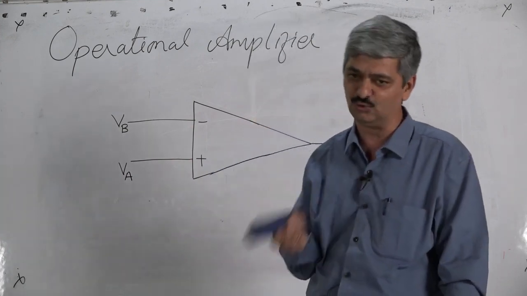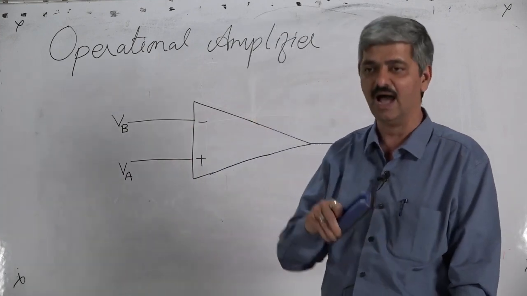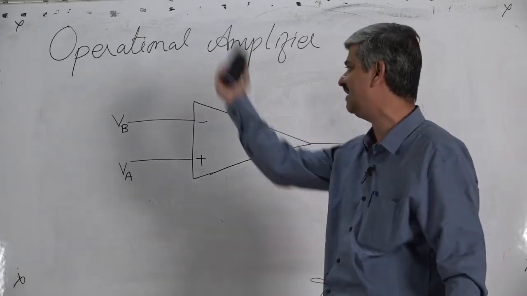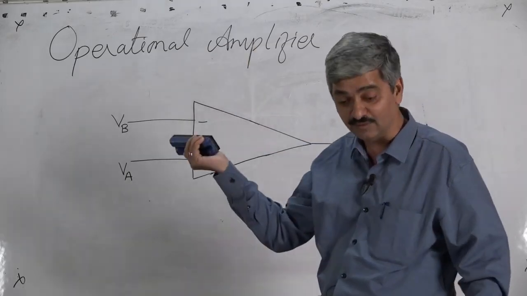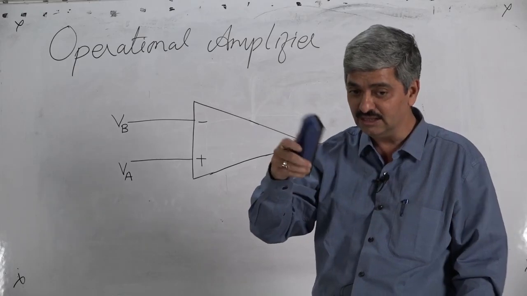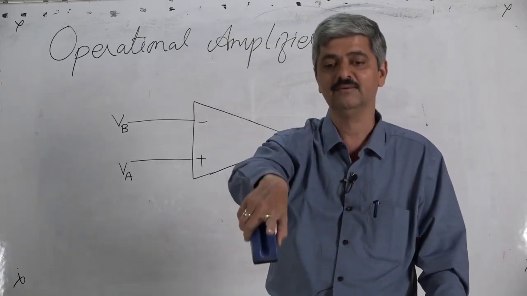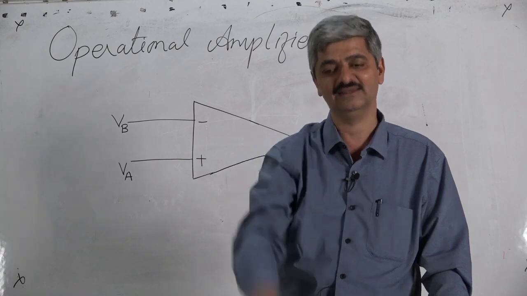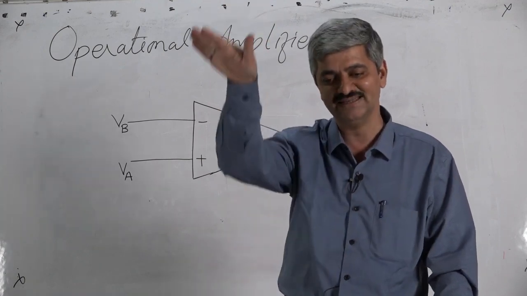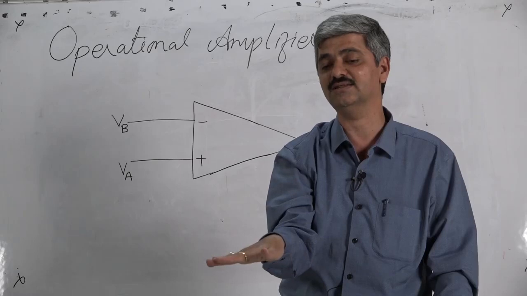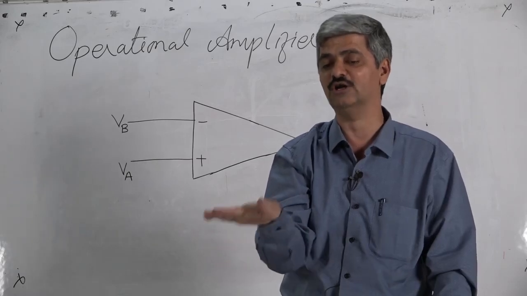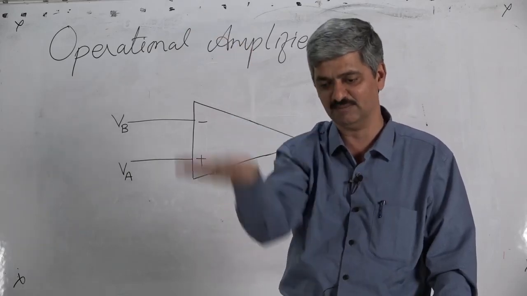Therefore, in order to explain how the op-amp works, I will make one of you be inside the op-amp, and I will give you a sequence of instructions which you will follow. Then the question of how the op-amp works will not remain, because the instructions are self-explanatory.